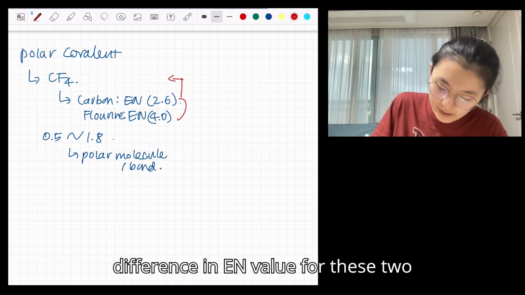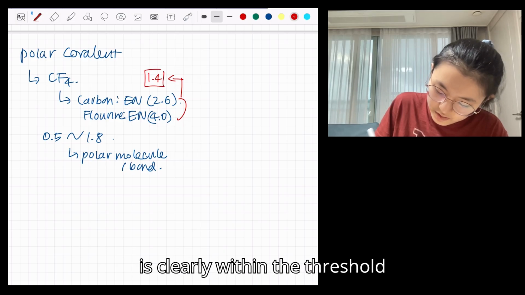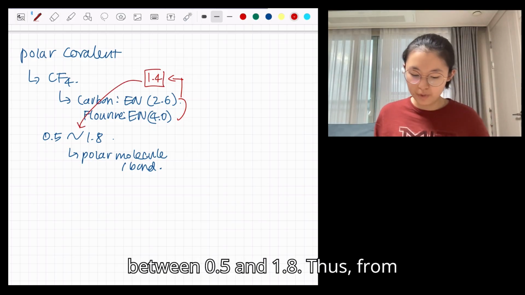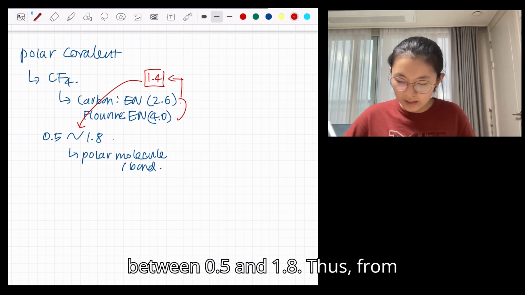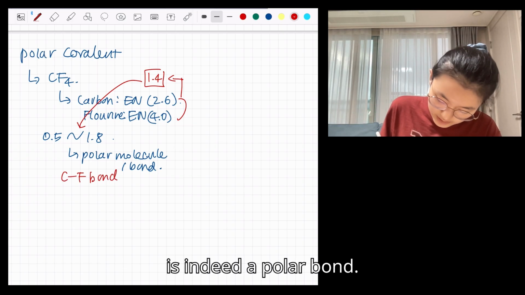The difference in EN value for these two atoms is 1.4, which is clearly within the threshold between 0.5 and 1.8. Thus, we can conclude that the CF bond is indeed a polar bond.